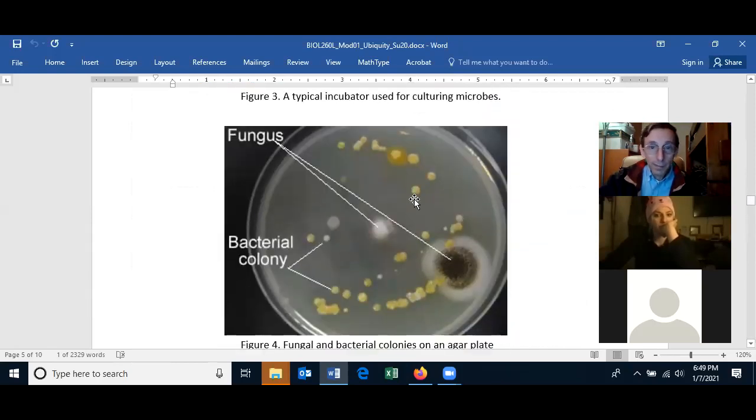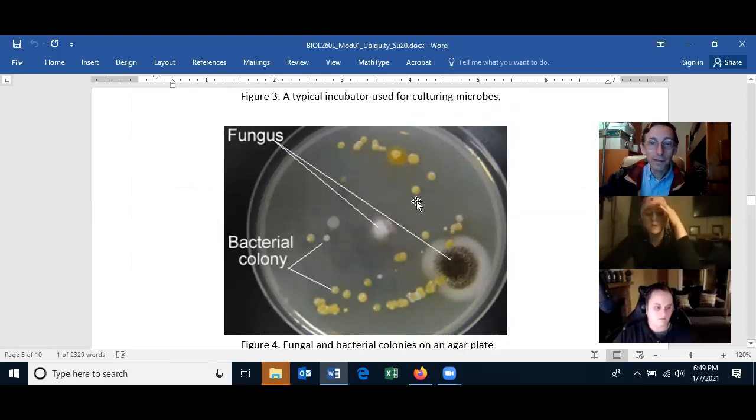Is that colony smooth or rough? This one here. Come on, somebody can state it. Smooth. Yeah, that's a smooth colony. Thank you. And is that an opaque colony, translucent, or transparent? It's pretty opaque. Yeah, if you can't see through it, it's opaque.